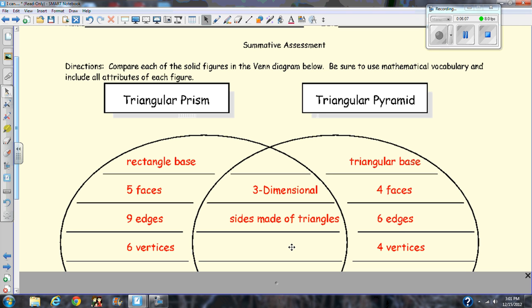A triangular pyramid would have to have a triangular base. 5 faces for a triangular prism, 9 edges and 6 vertices. For the triangular pyramid, you'd have 4 faces, 6 edges, and 4 vertices. So just like we did before with the rectangular prism and rectangular pyramid.